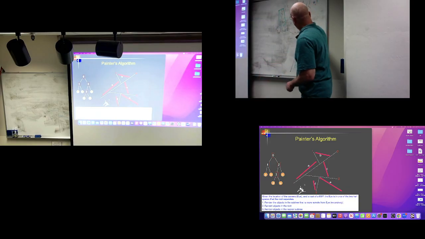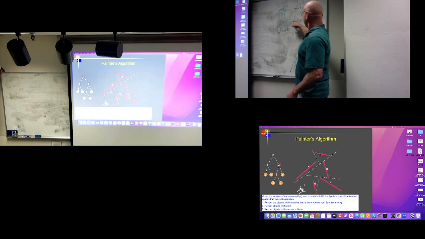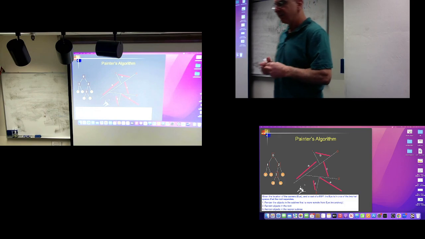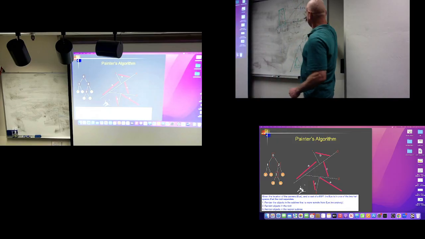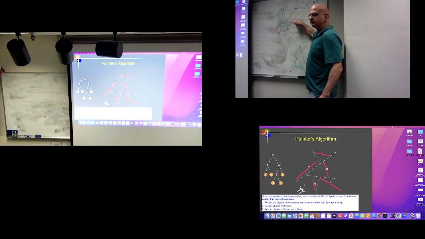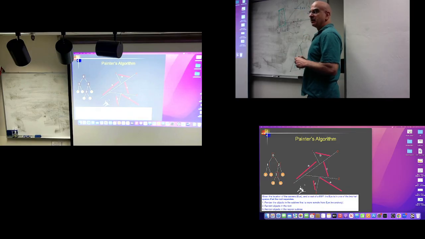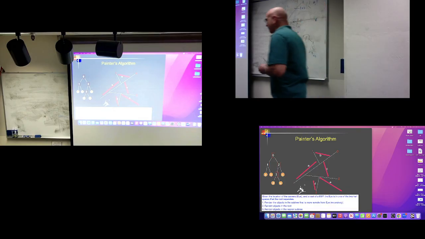I'll pick one of the triangles, T17, T18, and I'll create a plane that contains T18, and that would be the line that I'll pick. So that would be L. What's so special about T18? Well, there are better algorithms, but if you don't want to waste much time, pick one of your triangles at random.